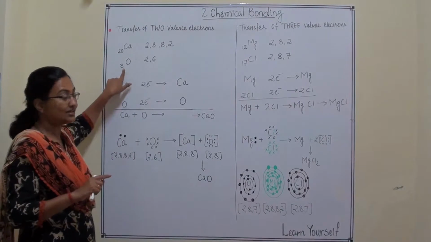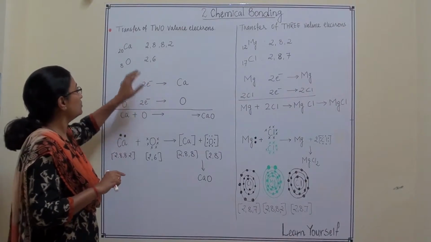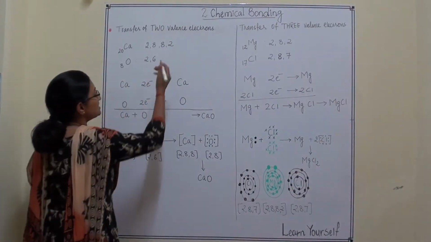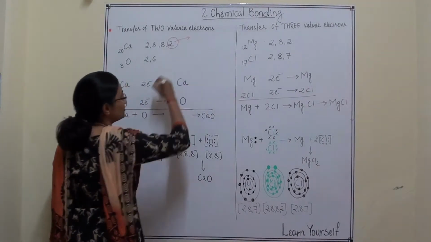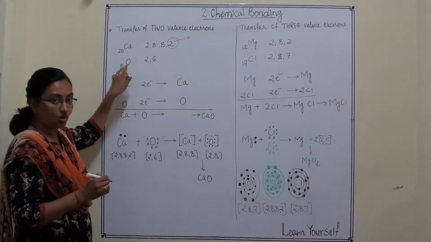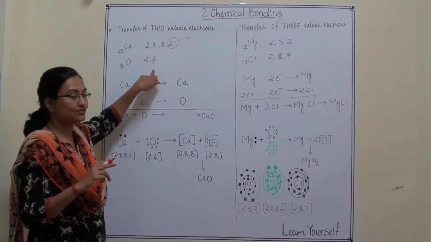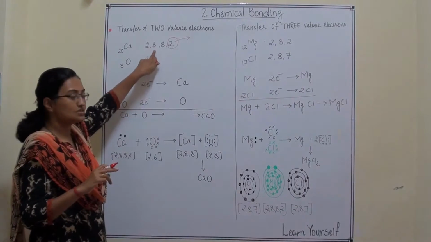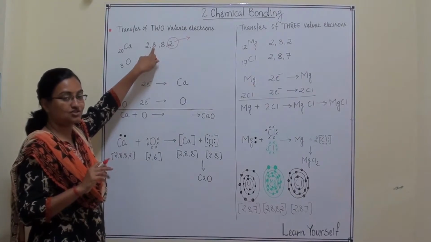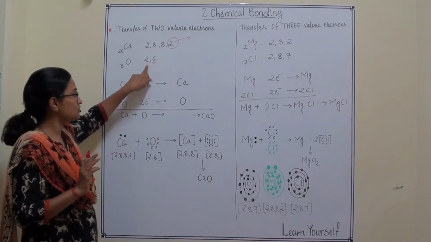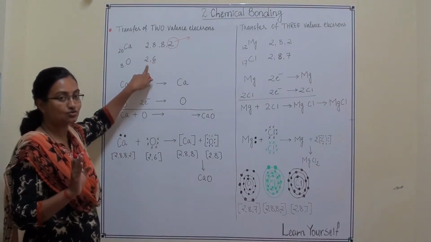These are the valence shell electrons, and as a metal calcium will lose these 2 electrons, whereas oxygen has to stabilize by gaining 2 electrons, so it will become 2, 8. Calcium will acquire argon's electronic configuration, the nearest noble gas, and oxygen will become 2, 8 after gaining 2 electrons, just like the nearest noble gas, neon.